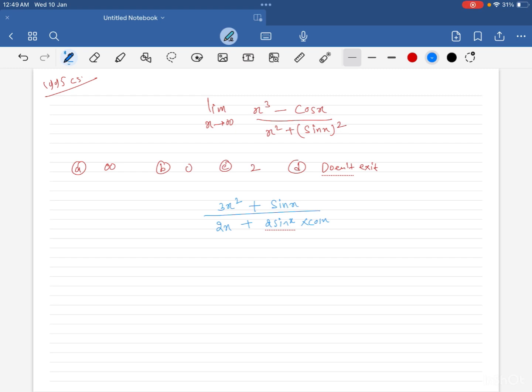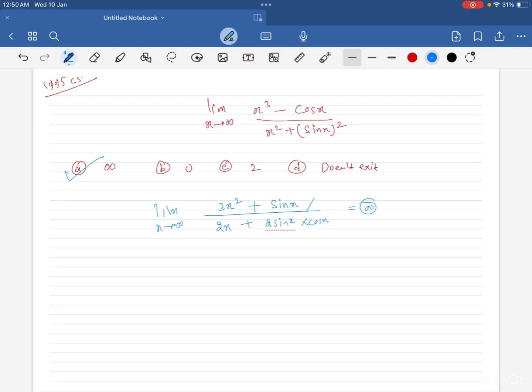Even if we take the common x square, and it will get divided, limit x tends to infinity, that will be infinity, right?